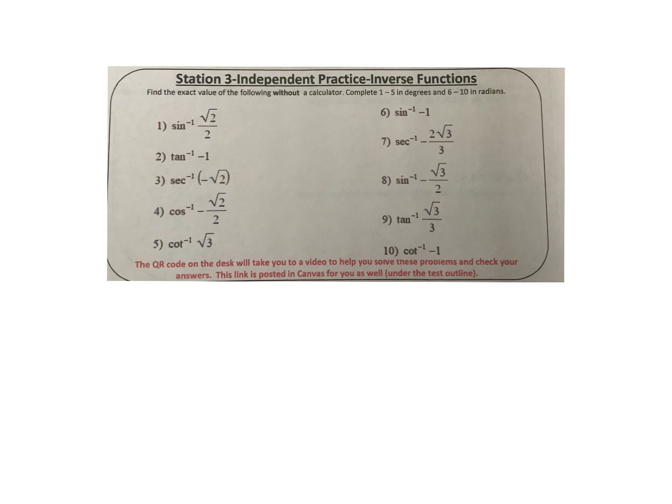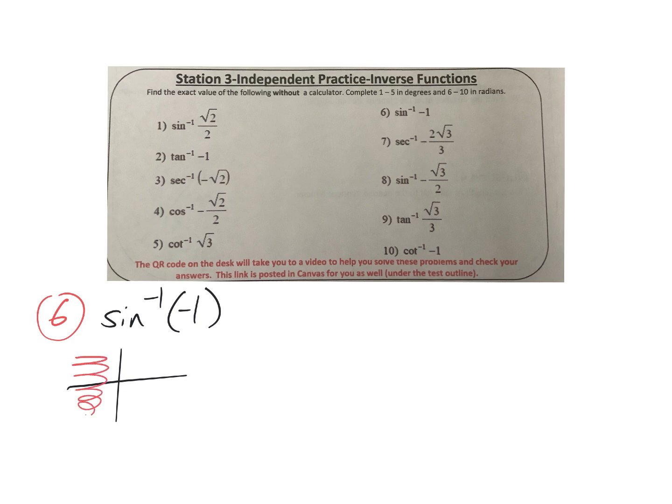Okay, so let's take a look at number 6. So in number 6, we have sine inverse of -1. So where does the sine value equal -1? So if we look at our quadrants, again, let's block off this section right here. Sine does not belong in quadrants 2 or 3. And sine is going to be -1 down here.